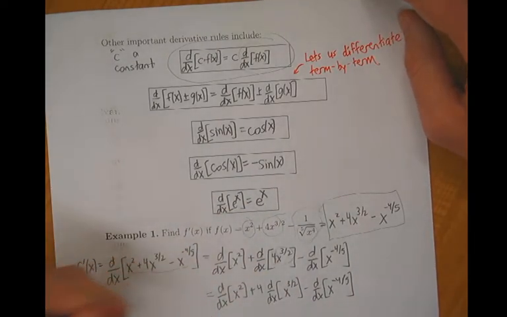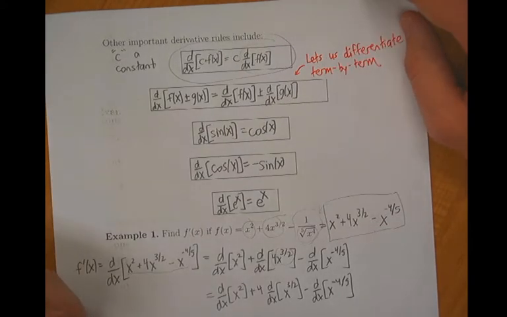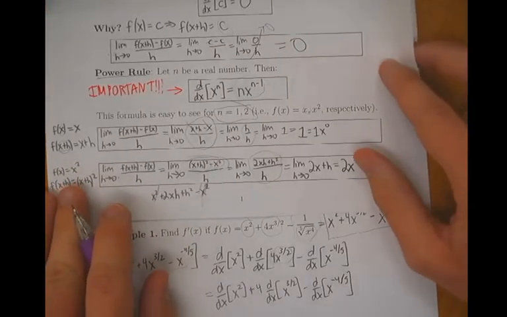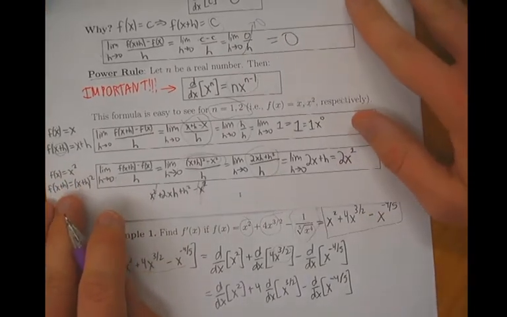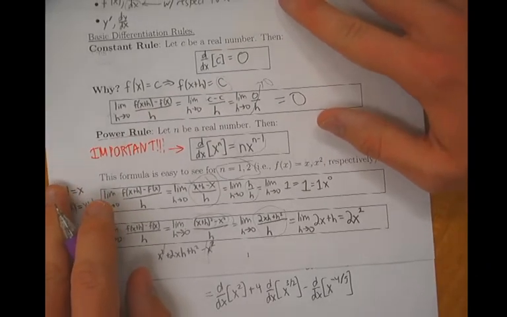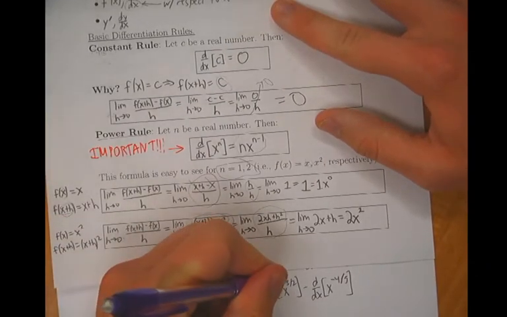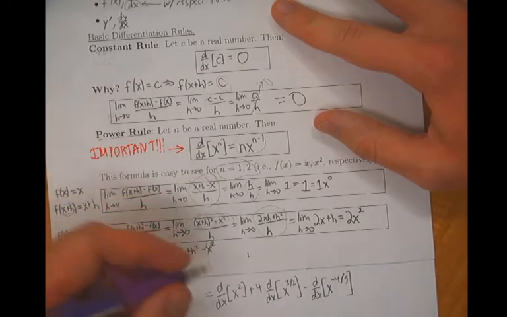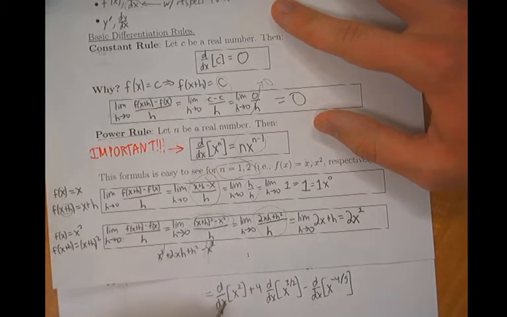Alright, now that we know that, let's go ahead and start applying the power rule. Let's bring that back here. The nice thing is that, remember, n can be any real number in this context. So using the power rule, the derivative of x squared, technically we already have that.